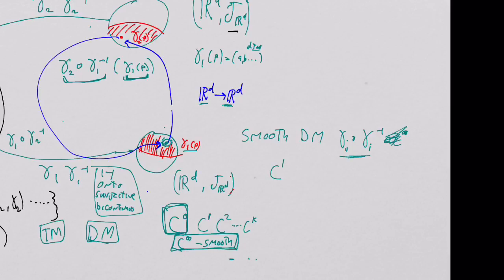Otherwise, you'll have some Ck differentiable manifold, where only k of the derivatives of the transition functions exist. And then, of course, if you have a C0, you don't even have a DM, you have just a topological manifold. Okay, so that is the definition of a differentiable manifold.